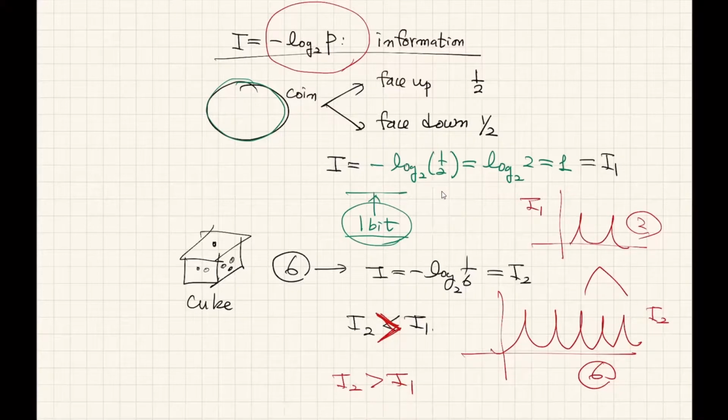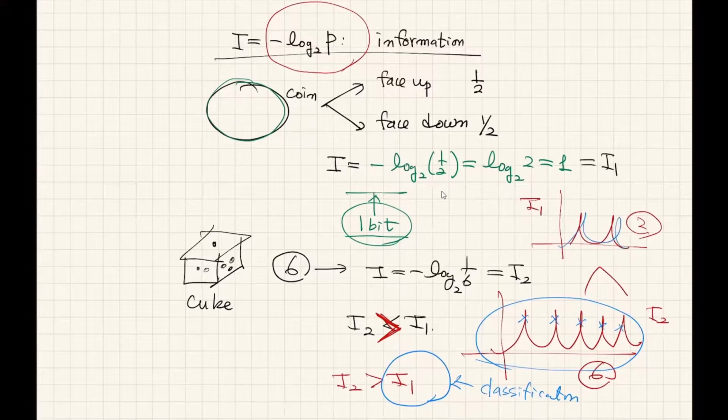What that means is that if your system has a smaller entropy, that is good for classification. If your entropy is higher, it is very difficult to know which one is your answer. But in the case of the coin flip, we have only 2 cases, 0 or 1.